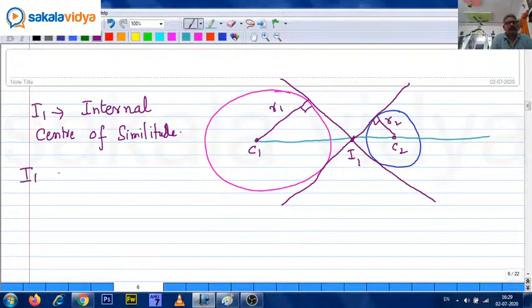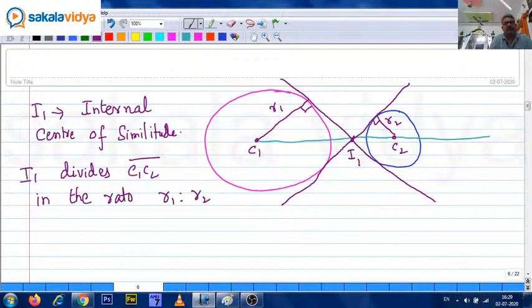So I1 divides C1 C2 in the ratio R1 is to R2 internally. For example, let us say C1 coordinates are x1 comma y1 and C2 coordinates are x2 comma y2.